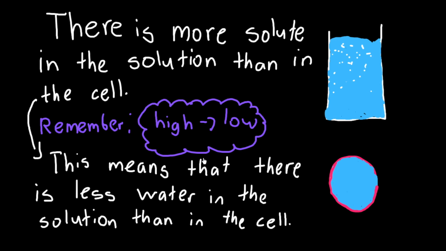And it might be a little bit perplexing to think about this initially, but all you have to realize is that there's more salt in this water, and that means that there's less actual water because there's more of other things. And this cell just has pure water in it, which means there's no solute, there's no salt, nothing obstructing the pure water. It's just water.